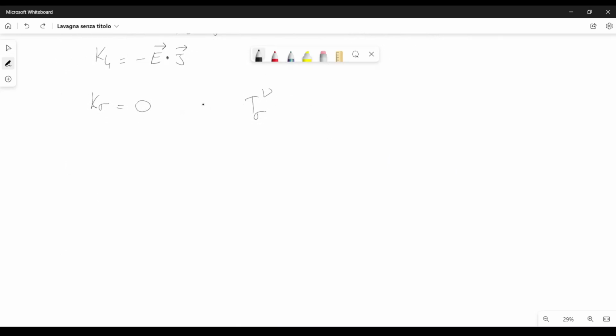The form is this one. We have the derivative of T alpha sigma with respect to x alpha plus 1/2 derivative of g mu nu with respect to x sigma t mu nu with lower indices equal to 0, like this.